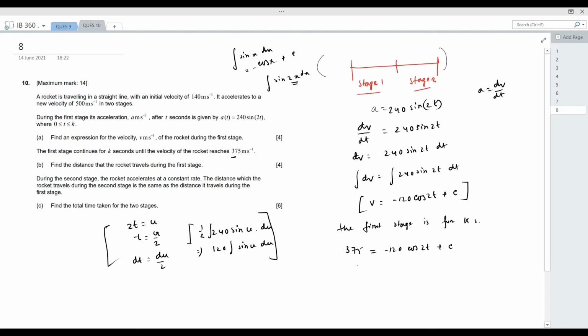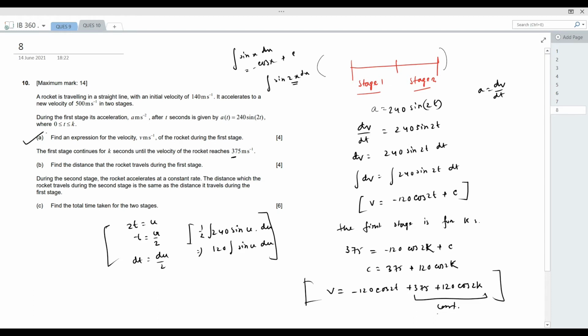So c equals 375 plus 120 cos 2k. So the expression of v is minus 120 cos 2t plus 375 plus 120 cos 2k. This is the constant part, and this is the expression for the velocity.